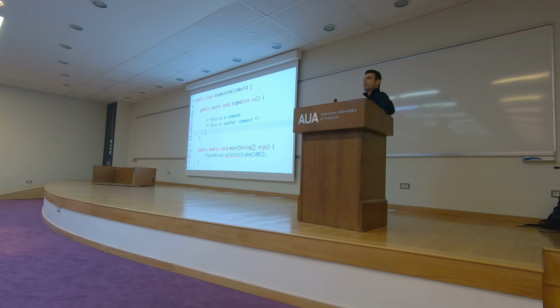What's the difference between static and non-static methods? By the way, one important thing, function and method means the same thing. We all know functions, right? If you hear method, it just means function. I don't know why, but in Java, they love to use method.